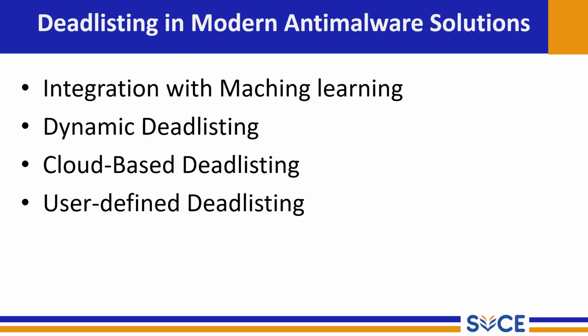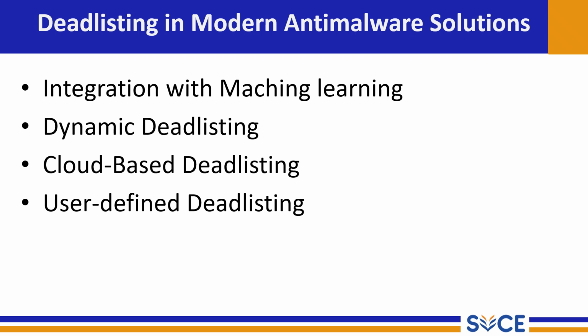Okay. And next, user-defined deadlisting. Many anti-malware solutions allow users to define their own deadlist rules. This provides flexibility and allows users to customize the anti-malware engine to their specific needs.